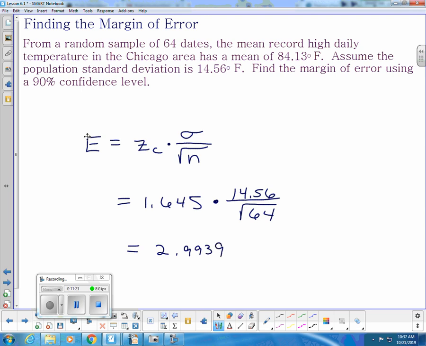So I get 2.9939. Is that what we all got? So 90% are going to be within plus or minus that of that point estimate that we found.